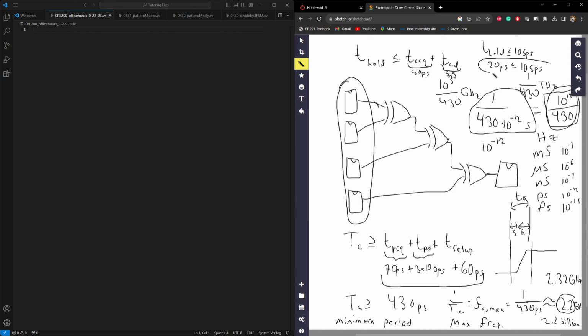If this failed, all that means is that our entire circuit would not work at any frequency. So it wouldn't work. And so typically when you're doing your problems, you want to do this calculation first, because if you do this one first, then you might not even have to do the clock time at all. Because if this one fails, you don't need to then do the clock time.